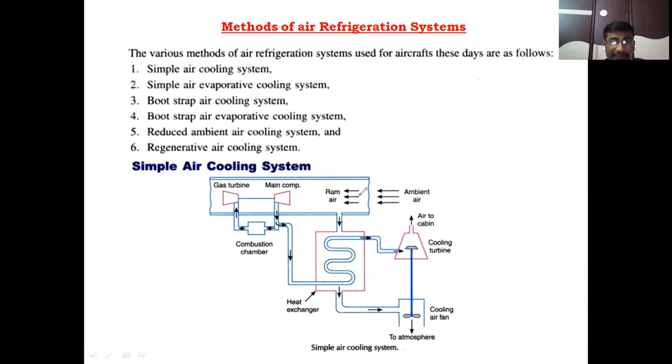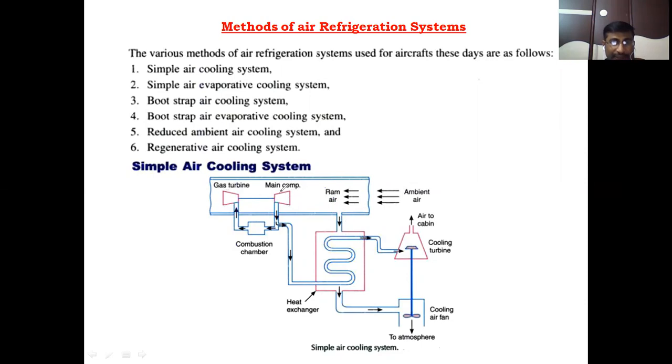After ramming action, after compression in the diffuser, some of the air is taken into the heat exchanger and the remaining air enters the main compressor of the aircraft. This is the main compressor, which is coupled with the gas turbine here.